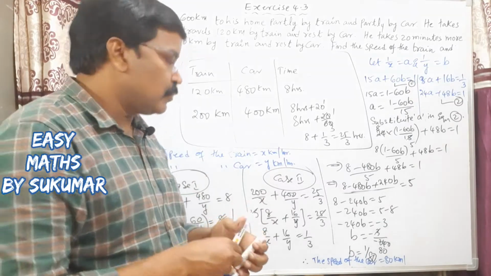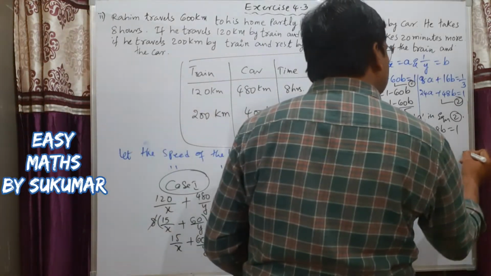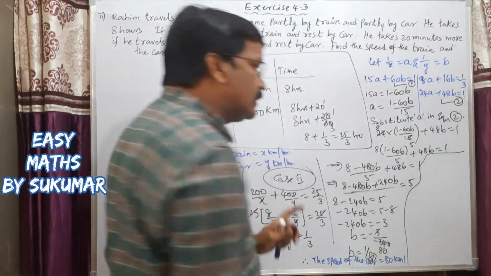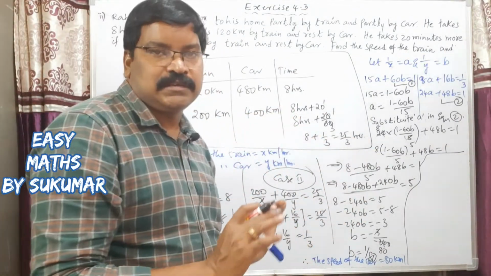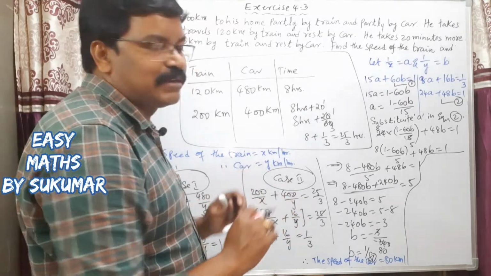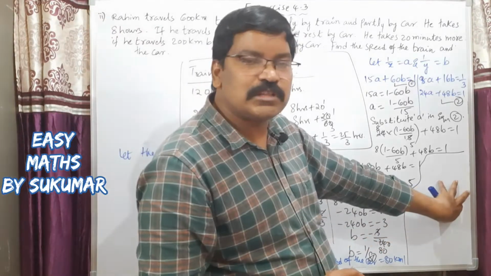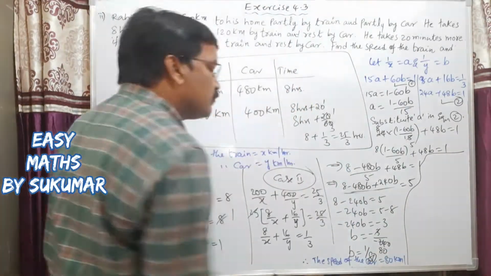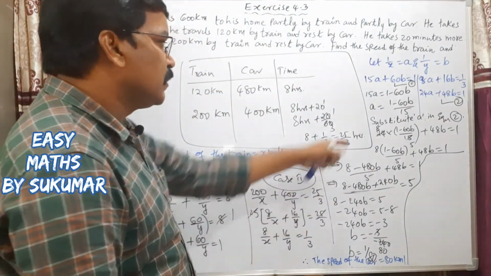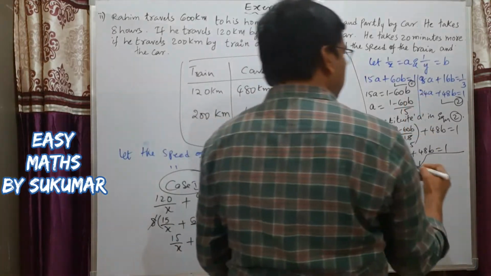Here let us substitute b is equal to 1 by 80. I am really very sorry, here the board is not enough to write. I have small space, please cooperate with me. Here the speed of the car is equal to 80 kilometers. Now let us substitute in this equation.